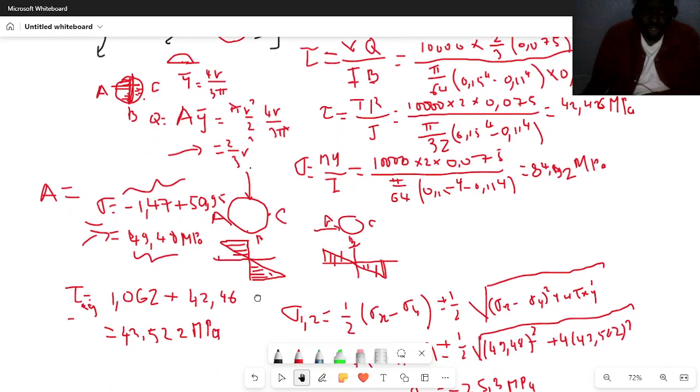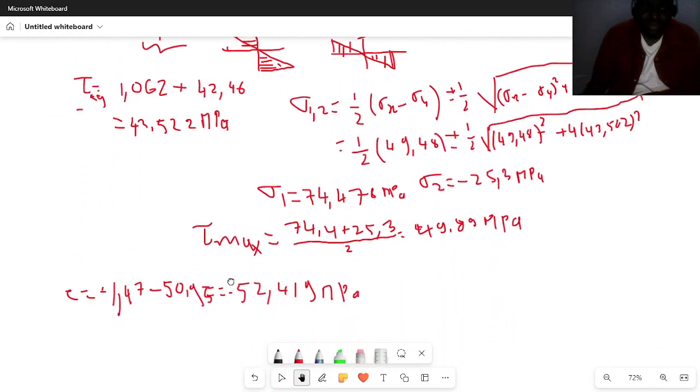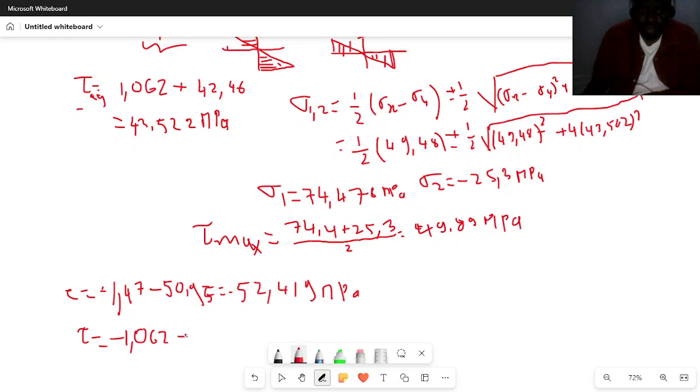So here you'll have minus at point C. At point C, the shear stress here will be minus 1.62 plus 42.46. So what do you get when you do this?